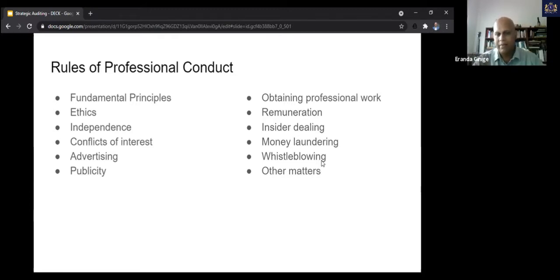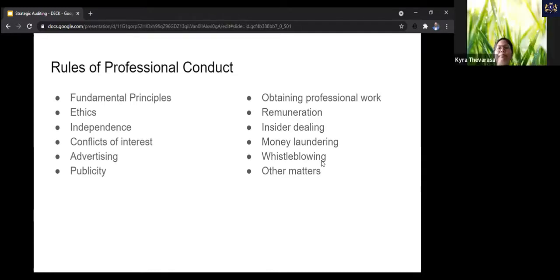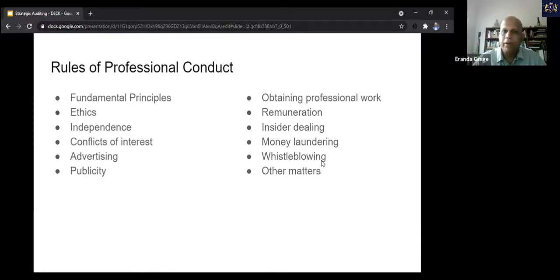How do they obtain professional work? And that'll kind of answer the question that you asked last week. How do you find auditors? Remuneration. How do they get paid? And stuff like insider dealing, money laundering. Implications of that, and what is whistleblowing, and some other matters.